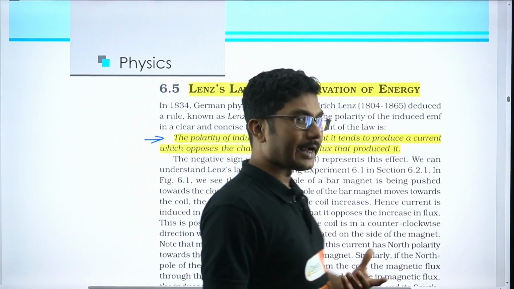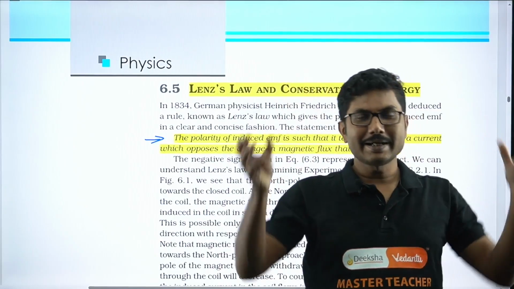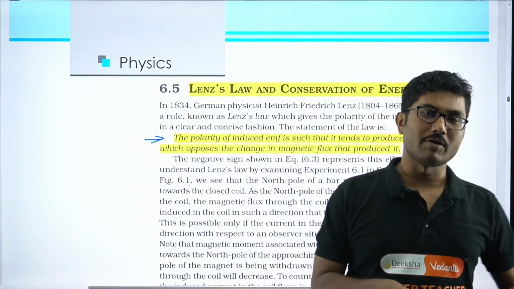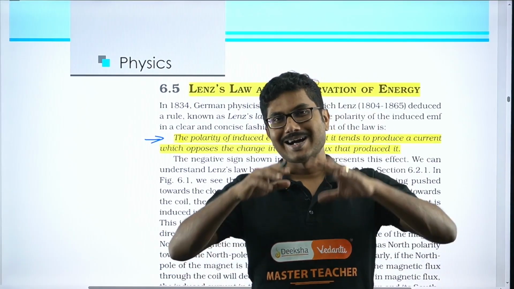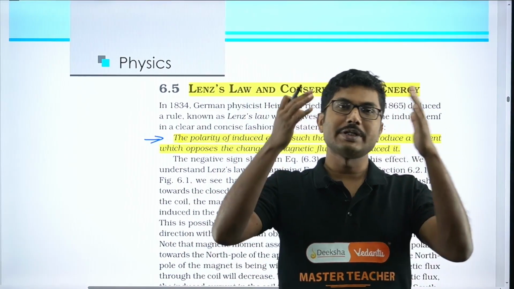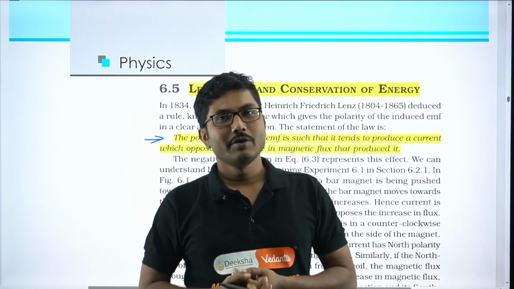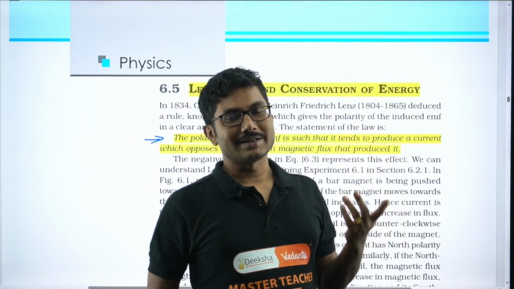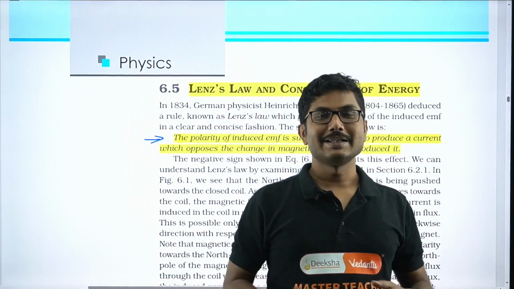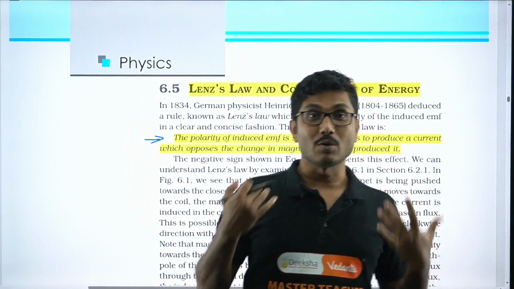So you have to understand that, suppose in that coil and magnet experiment, when you push the magnet towards the coil, what is happening? A current is being produced, right? We already learned in Moving Charges and Magnetism that when there is a charge moving in a coil, it produces a magnetic field of its own.